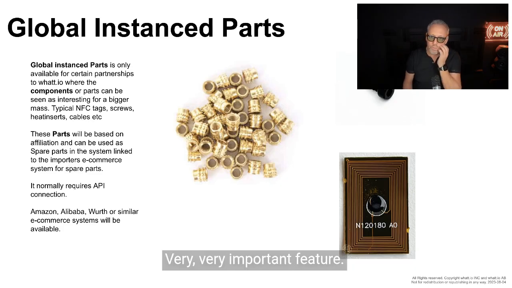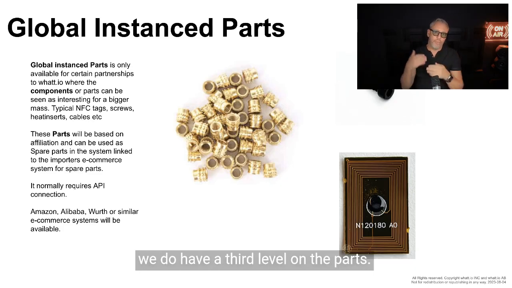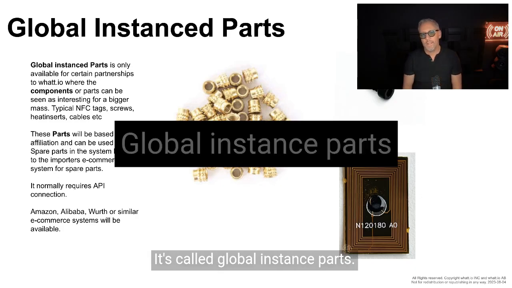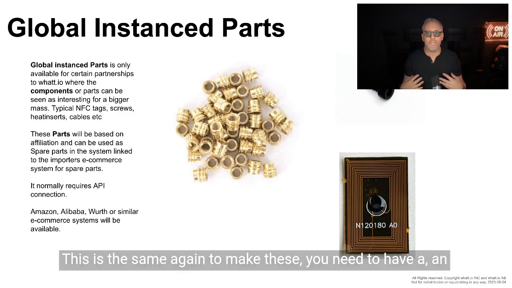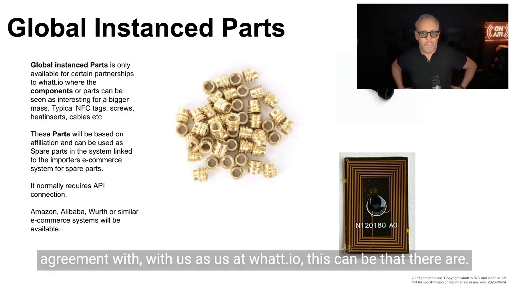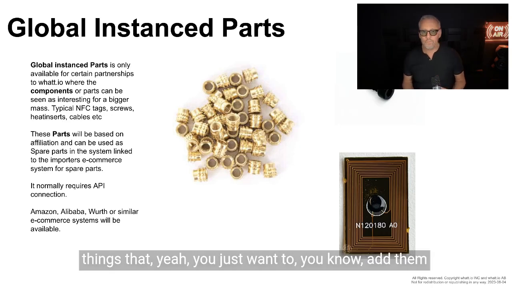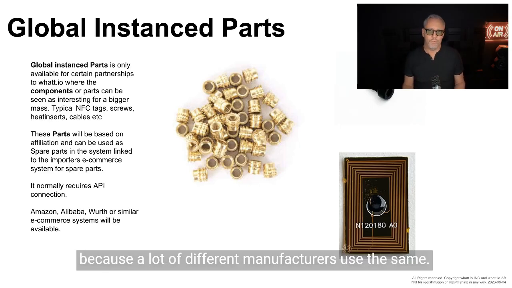Very important feature. We do have a third level on the parts. It's called global instance parts. To make these, you need to have an agreement with us at What.io. These could be parts that are beneficial for the whole industry, things that a lot of different manufacturers use.